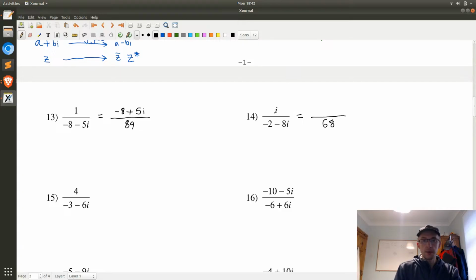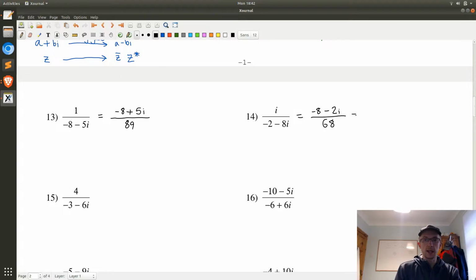And on the top, we have to multiply the conjugate of this by i. So, what will that give us? So that's negative 2 plus 8i, all of that multiplied by i. So 8i times i is negative 8. Negative 2 times i is negative 2i.